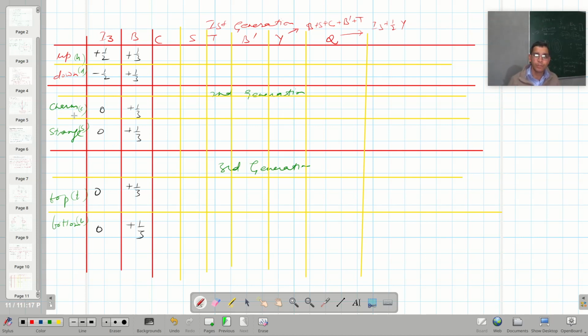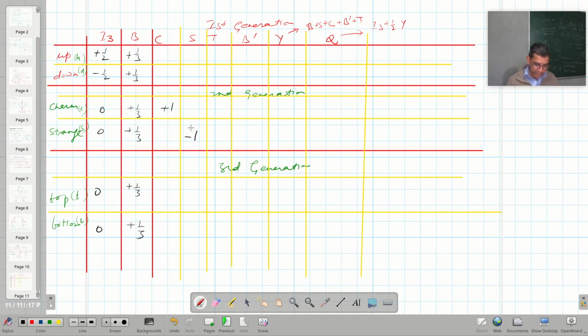Then for the C, because this is a charm, its value will be plus 1, and it is a strange, so strangeness for this will be minus 1. This we have to keep in mind.